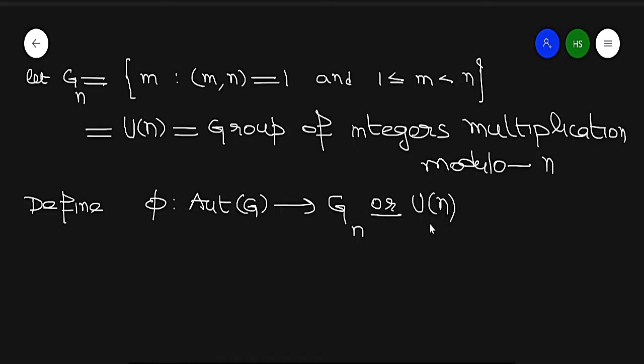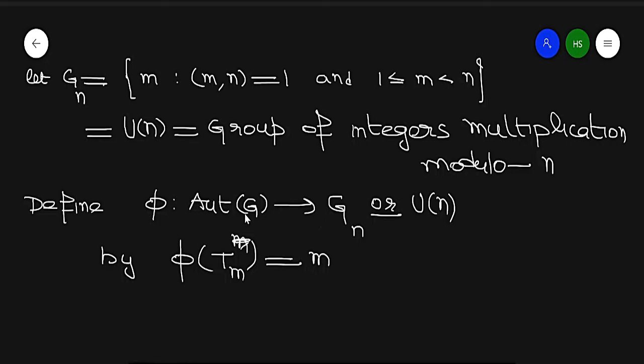This mapping is defined by phi of T raised to power m, which is Tm, equal to m, for every m with GCD with n equal to 1 and 1 less than or equal to m less than n.